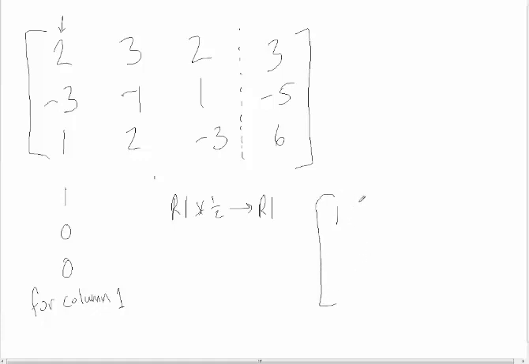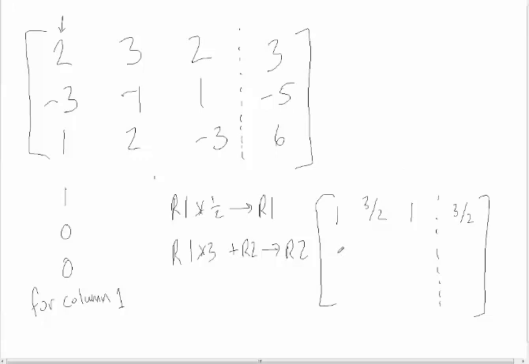So row 1 is 3/2, 1, 3/2, and then we'll multiply row 1 by 3, add it to row 2, and that'll be the new row 2. So multiplying this new row 1 by 3, we would have 3, 9/2, 3, 9/2, and we're going to add that to the second row.